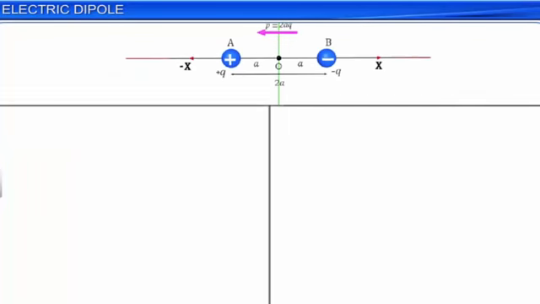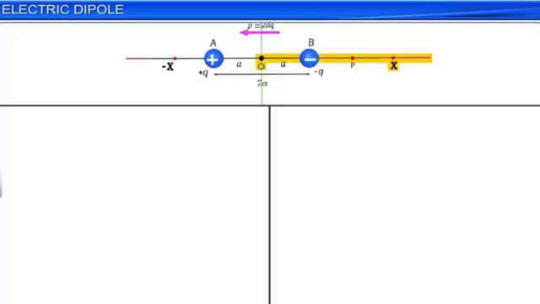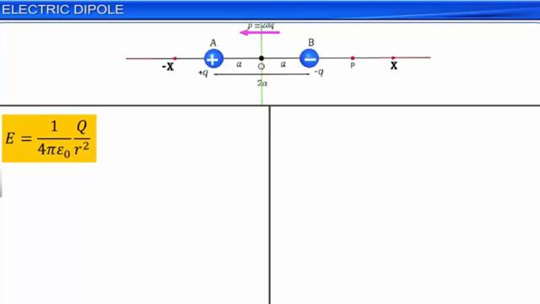Let us now obtain the electric field strength E at a point P on the axis of the electric dipole, which is at a distance x from the midpoint O of the dipole. The magnitude of the electric field strength E due to a charge q at a distance r from it is given by E equals 1 by 4 pi epsilon naught into q by r squared.